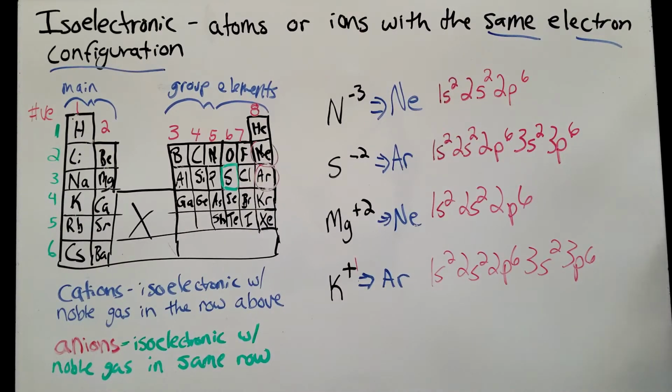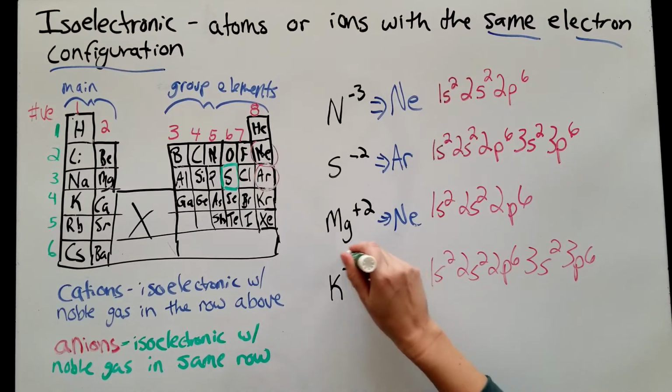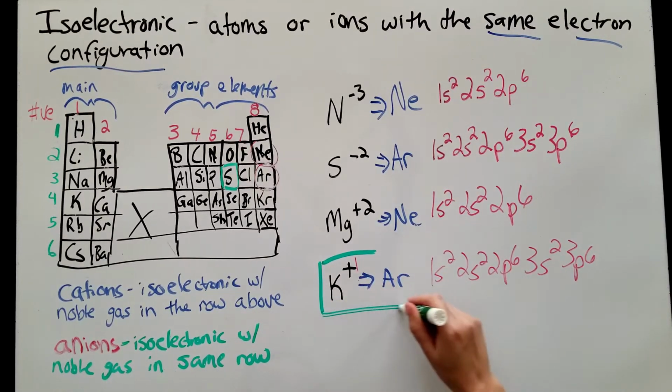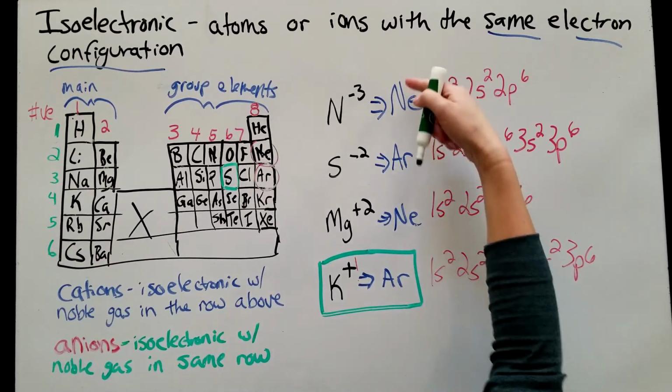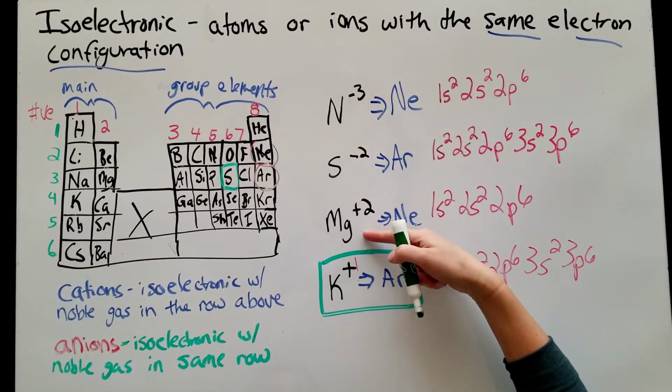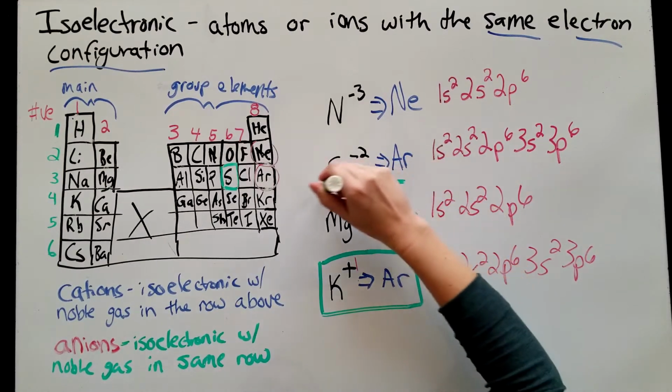Now, let's take this a step further. We said potassium plus has the same electron configuration as argon. Well, do any of these other ions have the same electron configuration of argon? Yes, sulfur does.